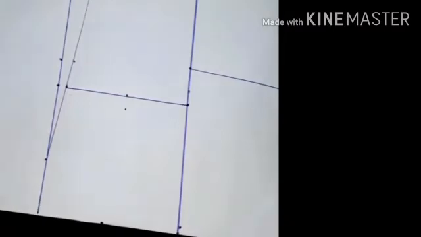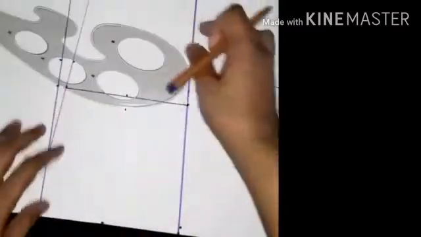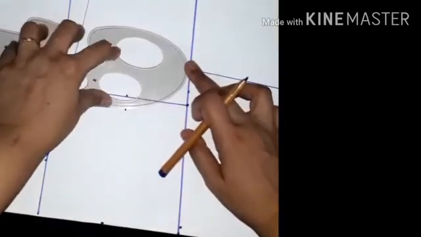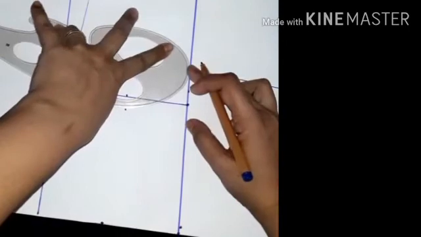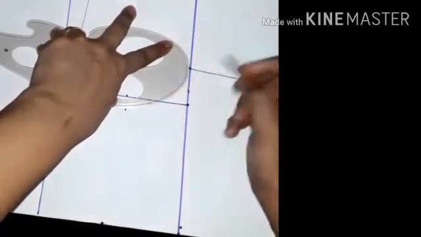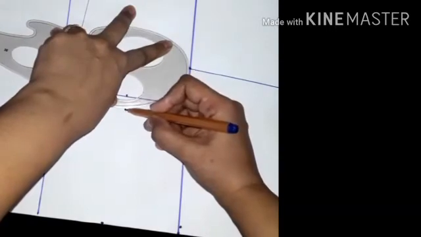Now take the French curve tool and make a curve for the front side and then the back side of the bodice. Make a curve carefully.